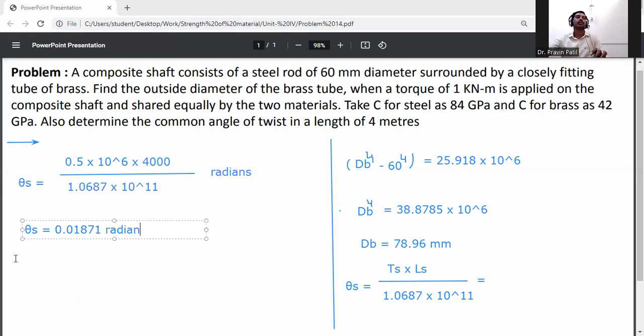Convert it to degrees, multiply by 180 divided by pi.